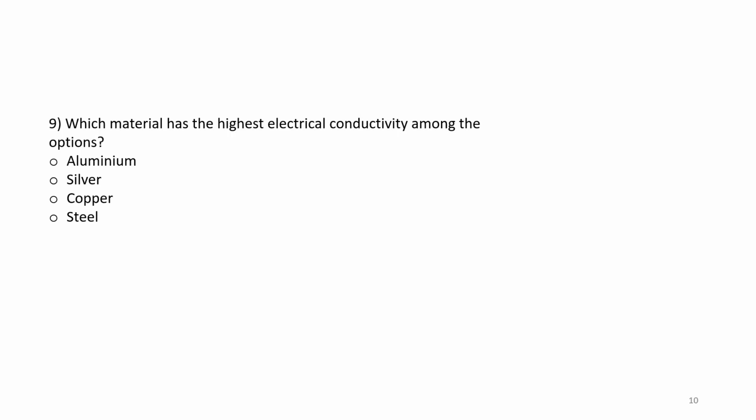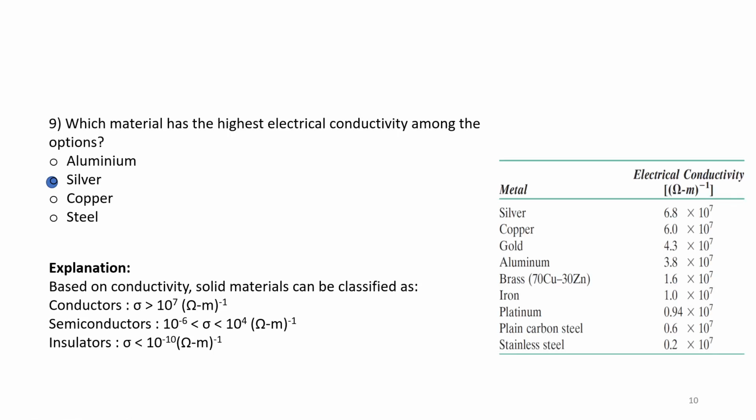Next question is, which material has the highest electrical conductivity among the options? Your options are aluminum, silver, copper and steel. Both electrical and thermal conductivity are highest for silver. You should remember at least this particular fact if you are asked. This is the table for electrical conductivity.